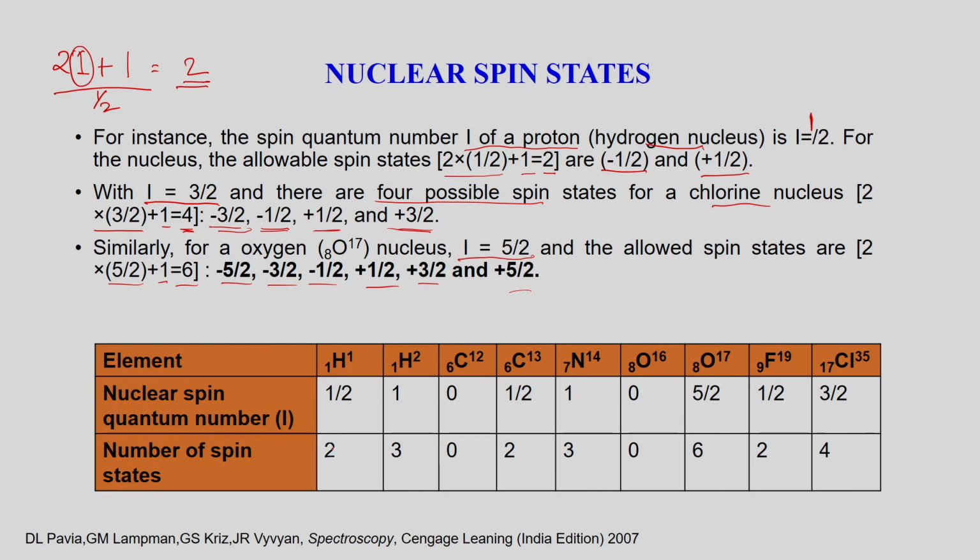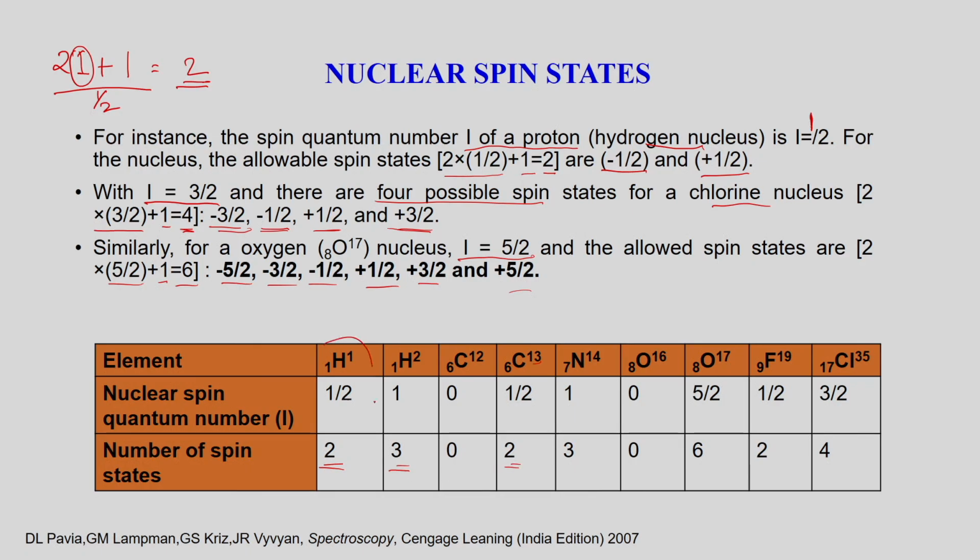Now like this you see this proton is only having 2 states, then deuterium is having 3 states, then another does not have any state. The carbon nuclei for the isotope 12 does not have any spin states, but for 13 it has 2 states.